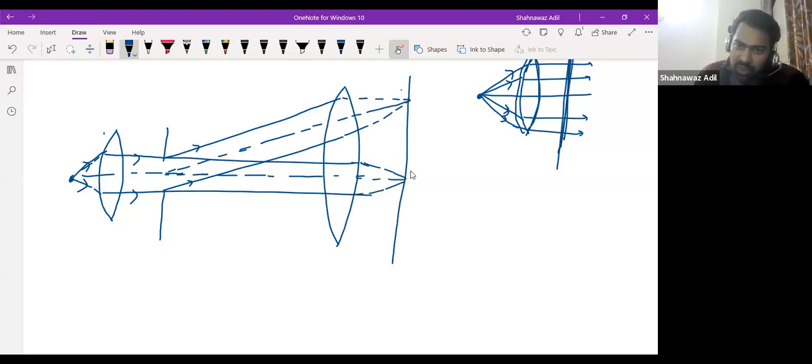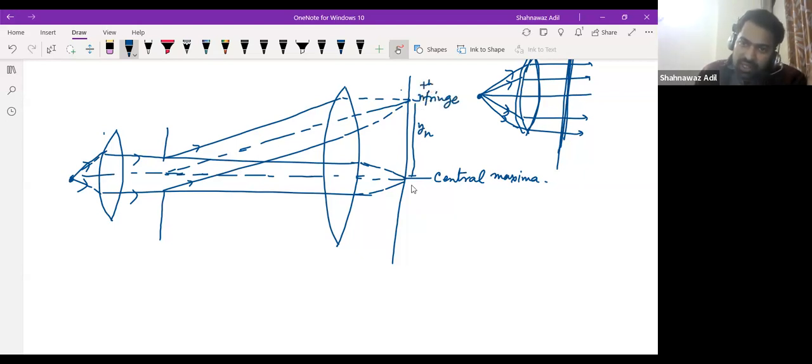This would be the central maxima, and this is the position of the nth fringe that we have done already. This is the separation between the fringes.